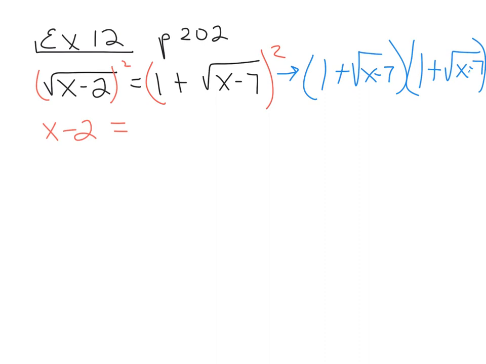When you FOIL all that, you end up with 1 plus 2 square root of x minus 7 plus x minus 7.